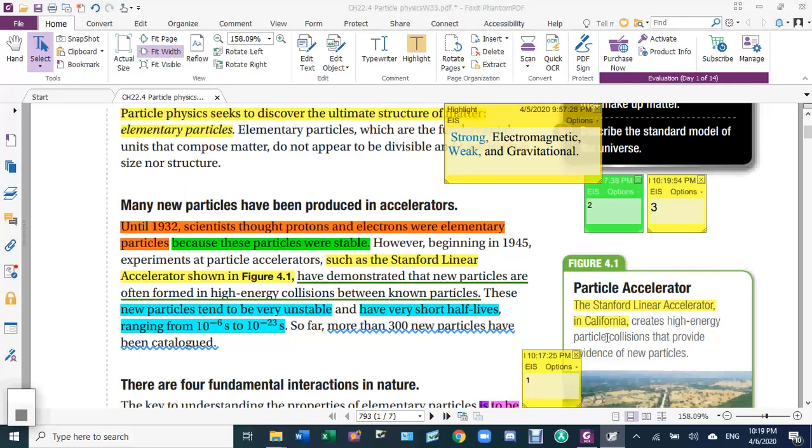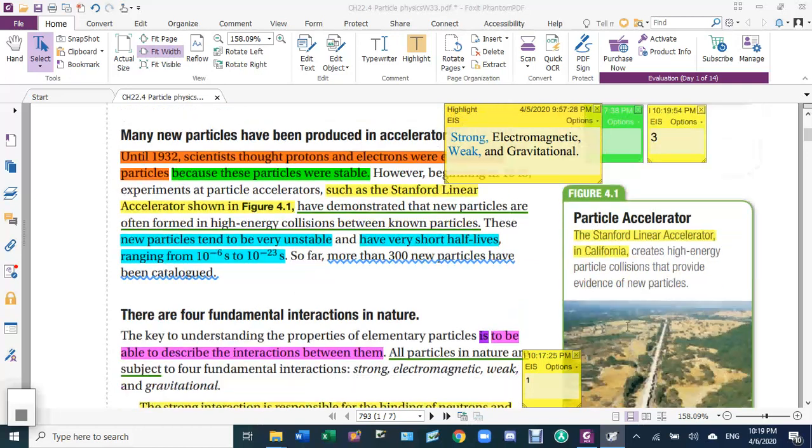But in 1945, experiments at particle accelerators, like the Stanford Linear Accelerator in California, created high energy particle collisions that provide evidence of new particles.